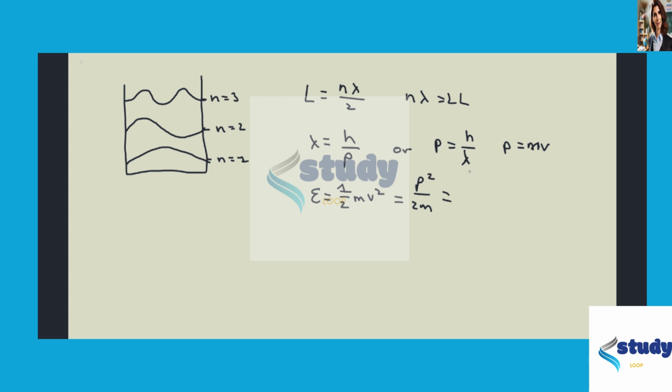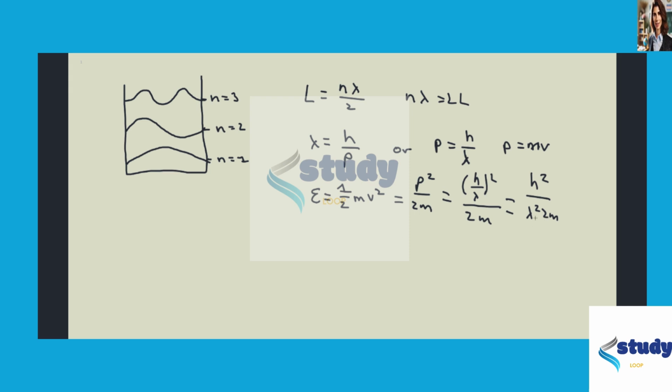So this is going to be equal to h over lambda, squared, over 2m, which is equal to h squared over lambda squared times 2m.